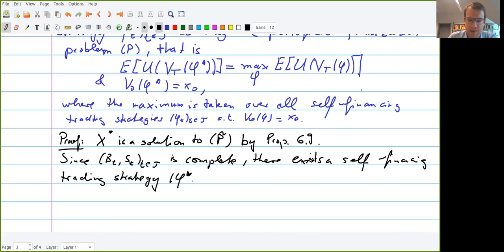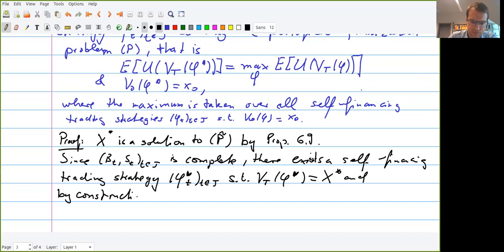Let's call it, as in the theorem, phi star, such that the terminal wealth I can generate by trading with respect to phi prime is exactly X star, and by construction, and this is how we formulate our linear constraints, we have that the initial value we need to implement this one is x0.